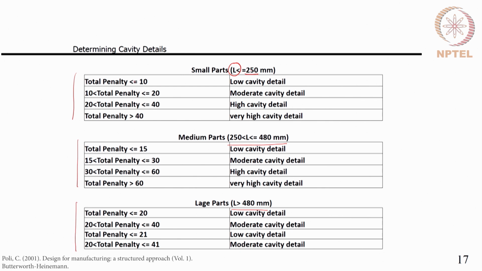In each category, based on the total penalty, we decide whether it is a low cavity detail, a moderate cavity detail, a high cavity detail, or a very high cavity detail. Once we come up with this classification, the subsidiary cost can then be computed. It is based on the total penalty and the largest dimension of the mold.